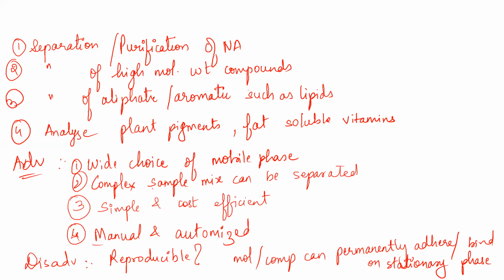These are very expensive columns, and if your column is blocked or not functioning properly, you have to call a service engineer to look at the instrument, and he may charge you a bomb for that. So the maintenance of such things becomes very difficult. So this is all about partition and adsorption chromatography. I hope you all have understood.